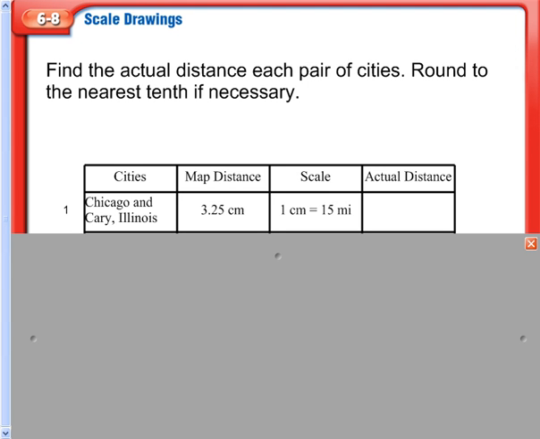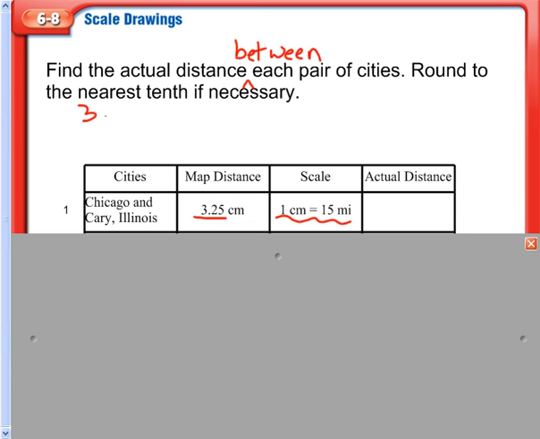Find the actual distance between each pair of cities. We're missing a word here. Round to the nearest tenth if necessary. So, Chicago and Cary, Illinois. Both towns in Illinois, the map distance is 3.25 centimeters, and our scale is 1 centimeter is equal to 15 miles.